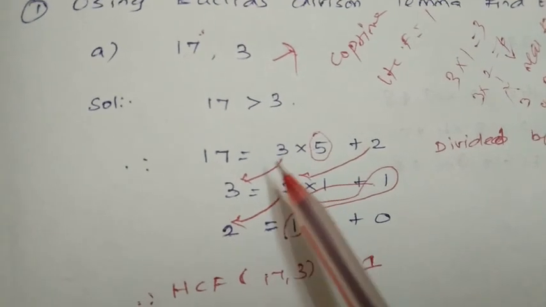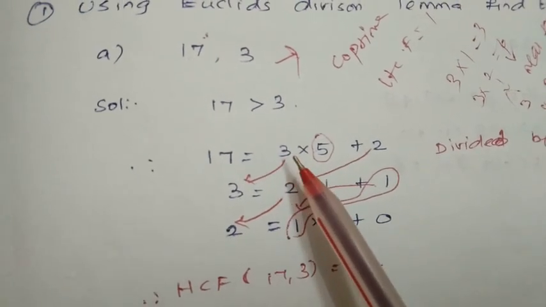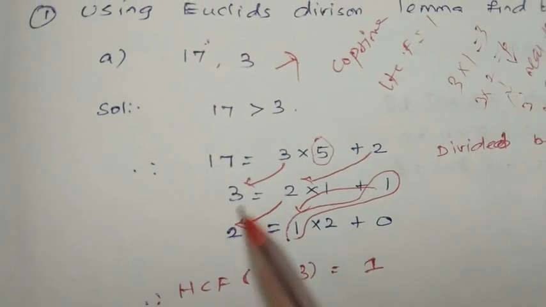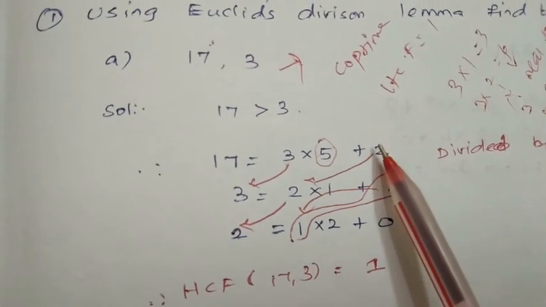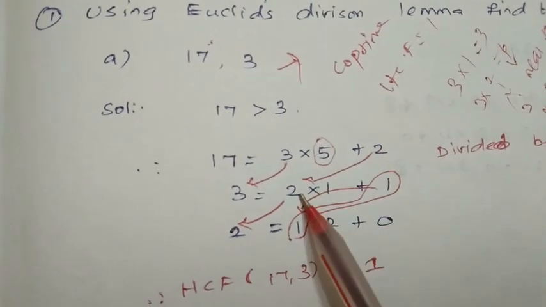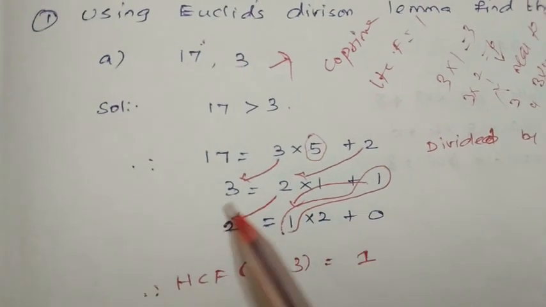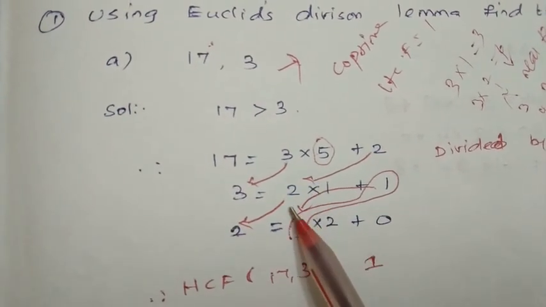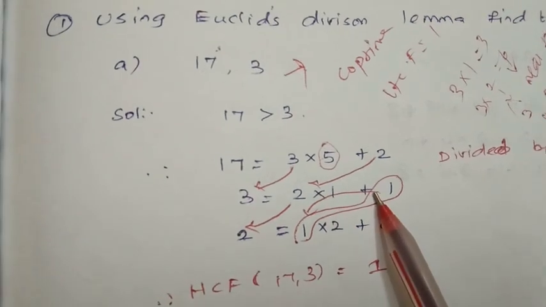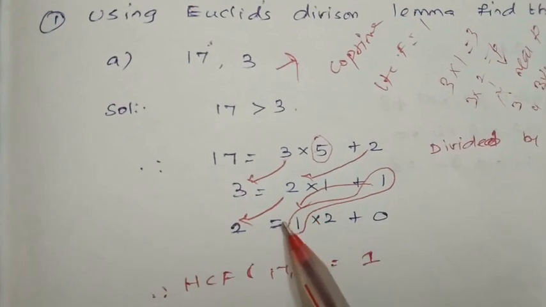Now you are going to divide by this remainder. So write this 3 here, divide by the remainder 2. How many 2's are there in 3? Only one 2. So that is 2 into 1, remainder plus 1. Once again repeat this process.